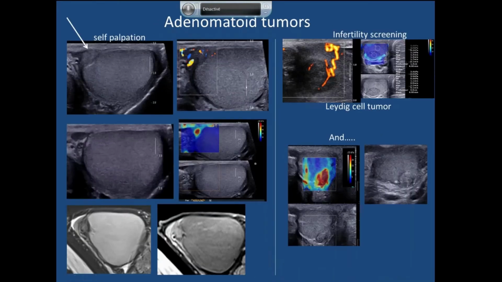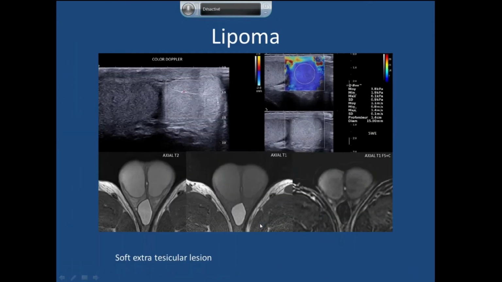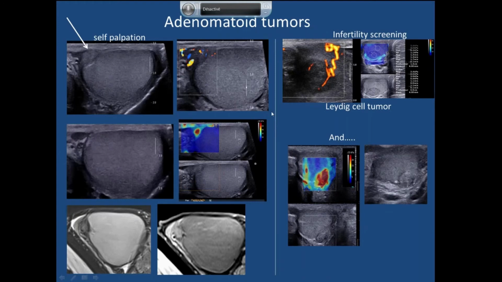Some adenomatoid tumors may also have an increased stiffness, and sometimes it is not so easy to depict them on B mode, color Doppler, and even with MRI, and it is so obvious in this case. This is a little lesion, which has been discovered by self-palpation.